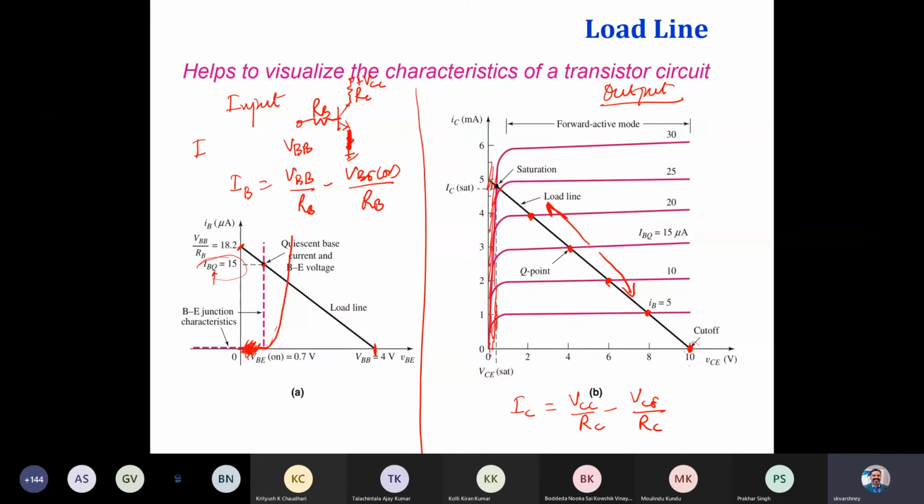Whatever you're doing in the experiment, I think I explained this last time also. You keep on changing the input voltage. Since you are bringing in a sinusoidal signal, right now I'm in DC, but you keep on changing the amplitude of the input sinusoidal signal. What's going to happen is that we hit somewhere in saturation mode.